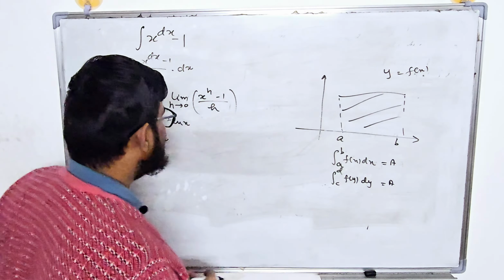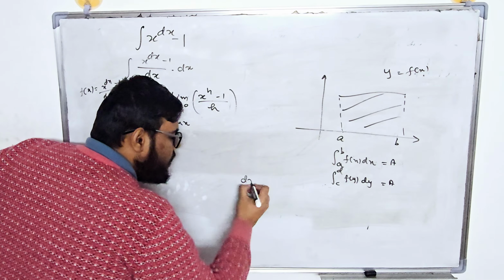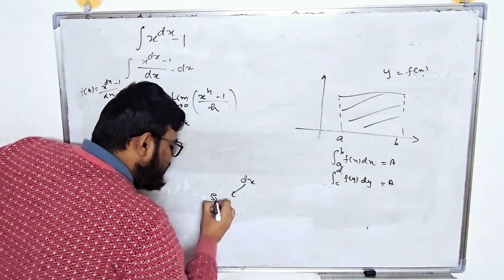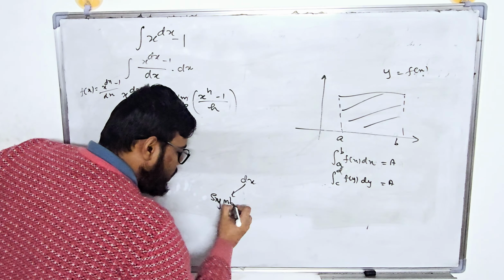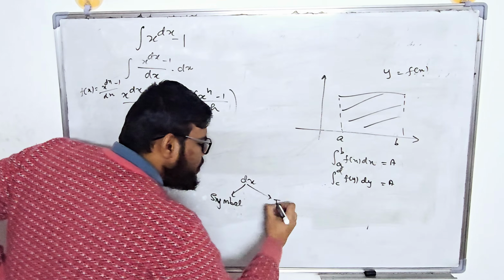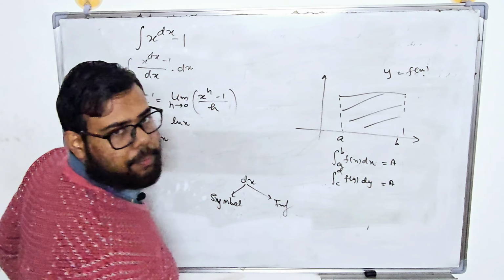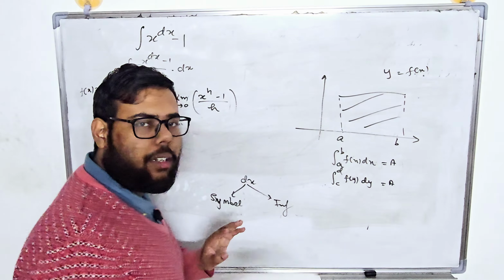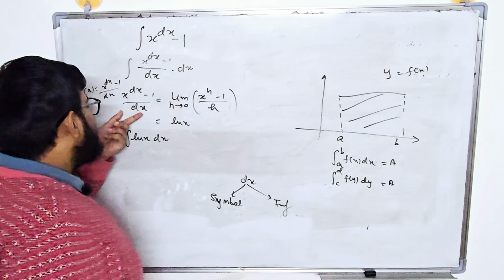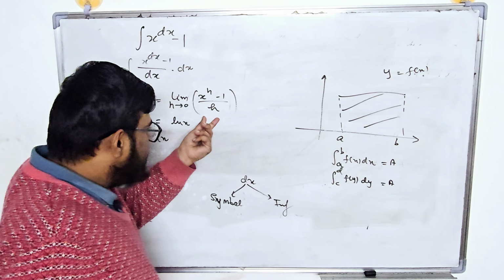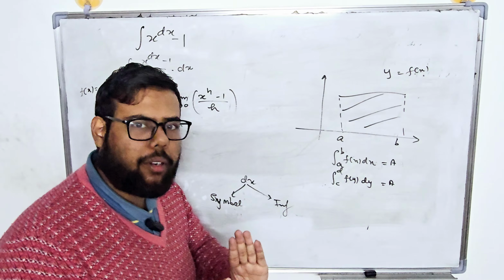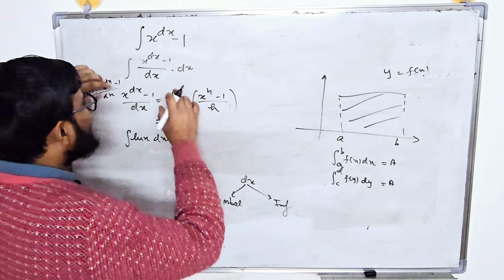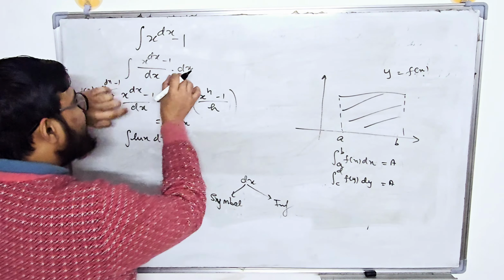Well, dx has two meanings. It can be used as a symbol over here, or it can be seen as an infinitesimal value. The claim over here is that we can write dx as h. I can agree to that.